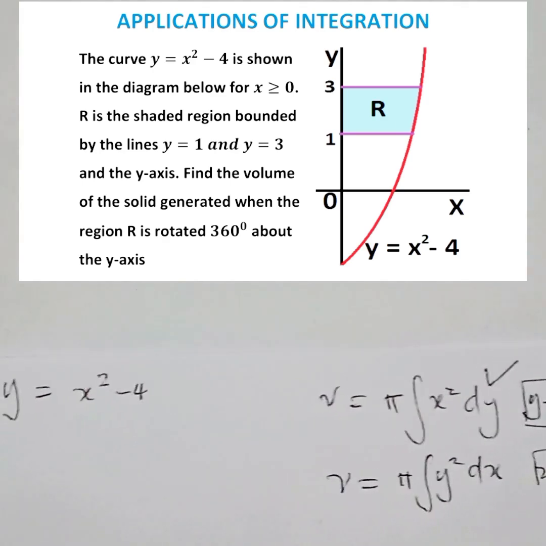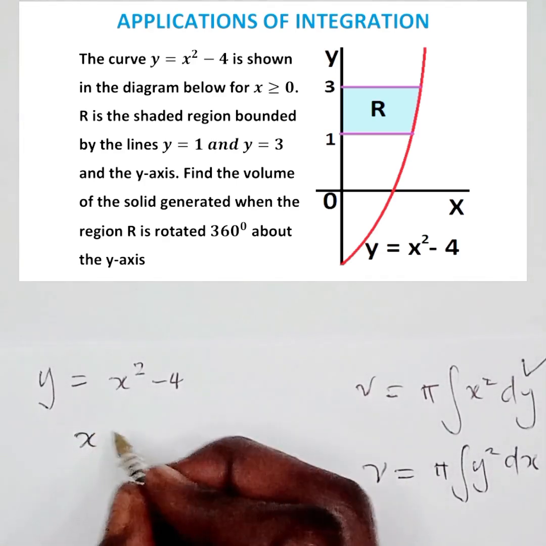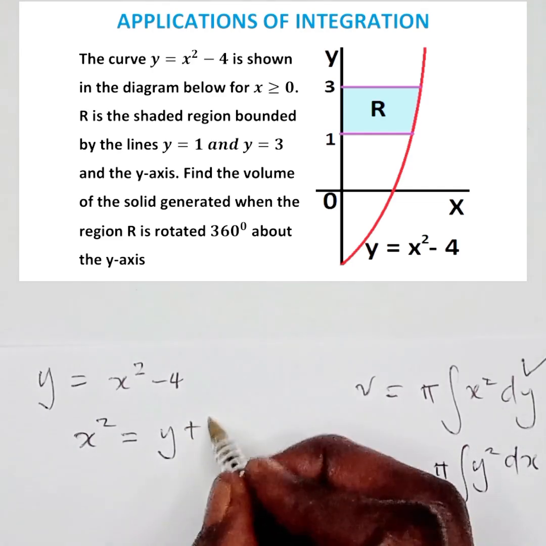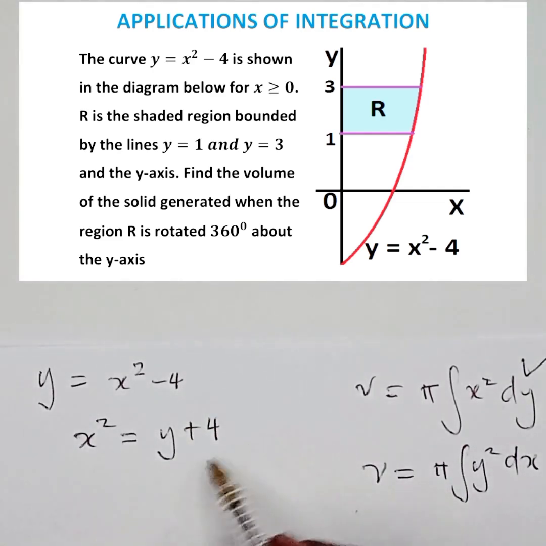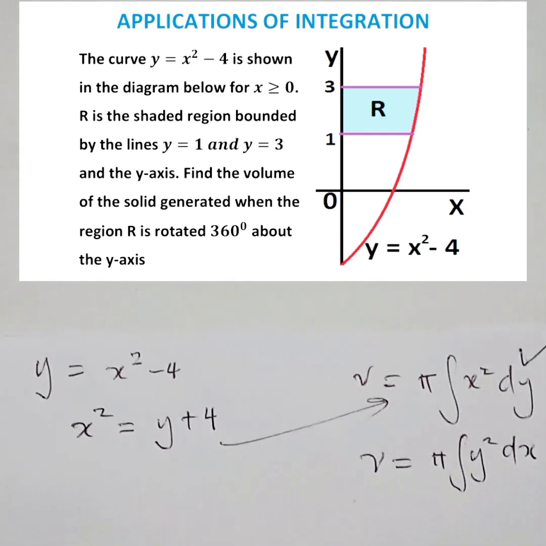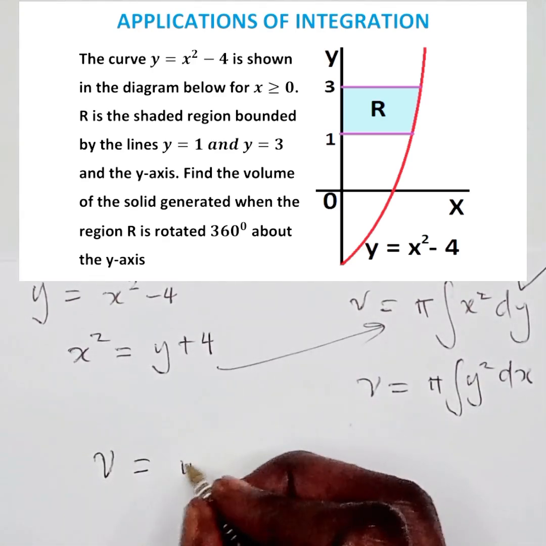Now, if you look at that equation that we have there, we can make x squared the subject of the formula. So we are going to say x squared is equal to y plus 4. And then we are going to take this into that formula, all right? So we are going to have the volume V is equal to pi integral.